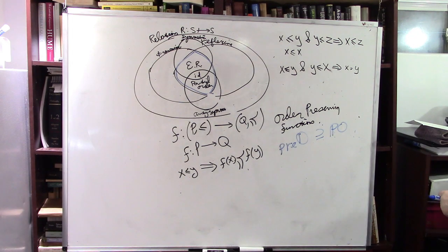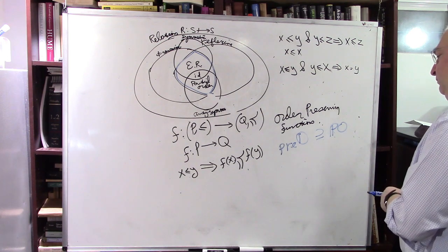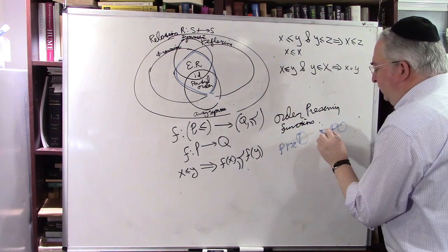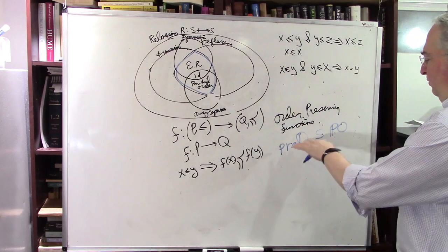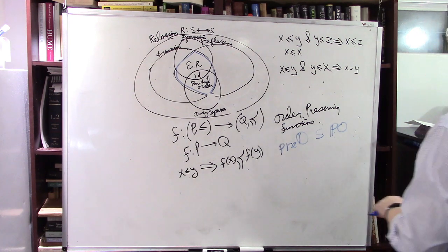Partial order, right? No, sorry. That's a subcategory of this. Partial orders are a special type of pre-orders. Okay, great. So these are the two categories, and they show up again.